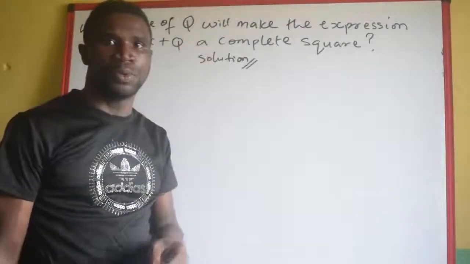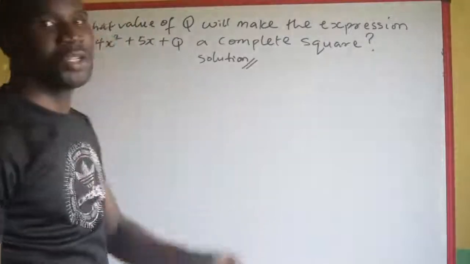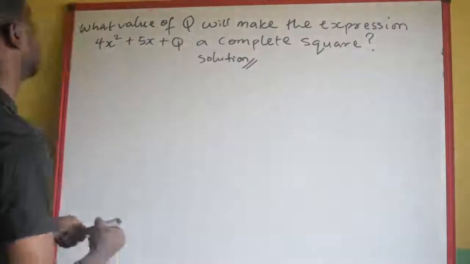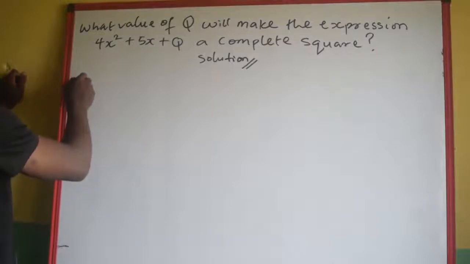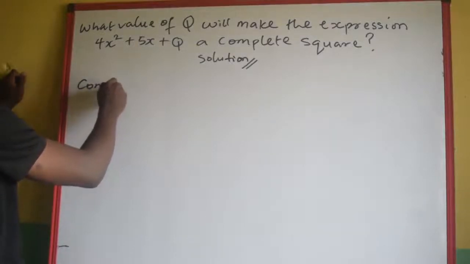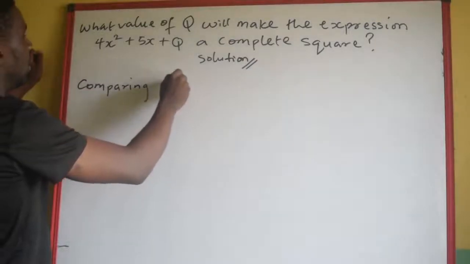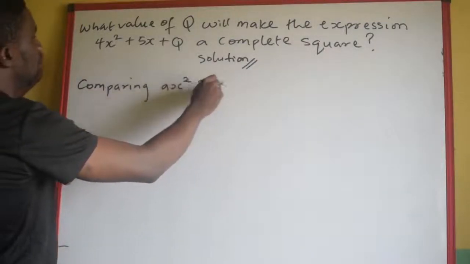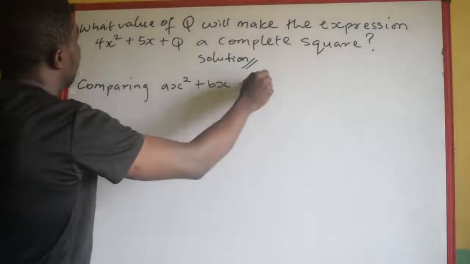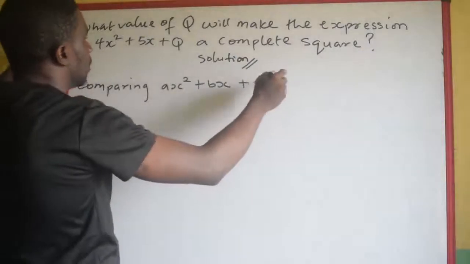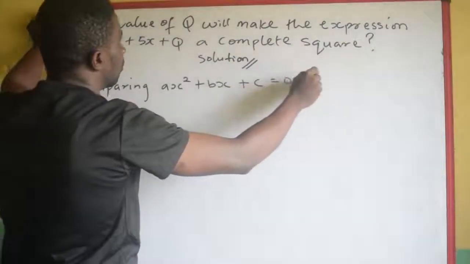So in this example, what we're going to do is, if you write solution, you just say compare, or comparing ax squared plus bx plus c equal to 0.